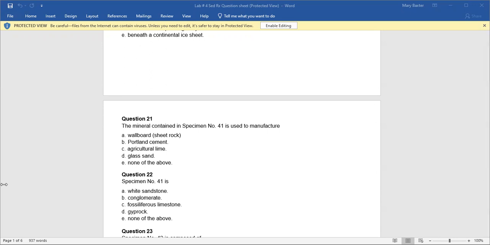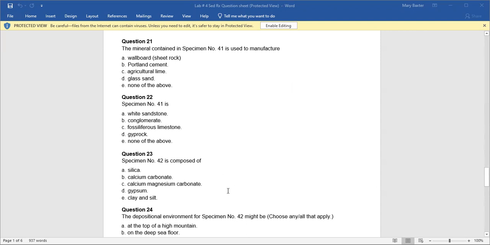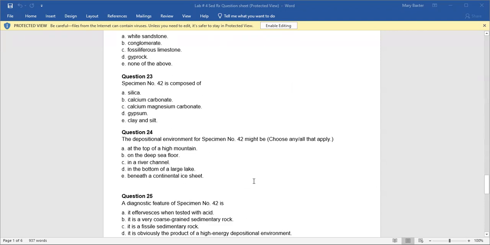And then of course, what's specimen 41 called? Specimen 42 composed of what? And what is a likely depositional environment for specimen 42? That kind of rock is found here, there, and so not just one. Okay, you're going to have at least several choices that would fit that rock type for paleo environment, or depositional environment, I should say.